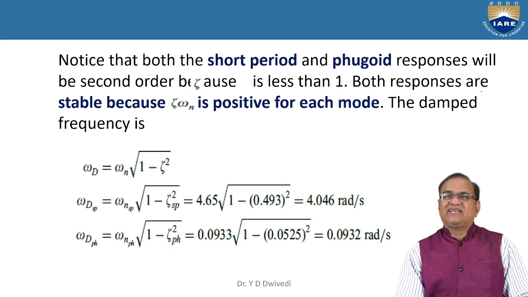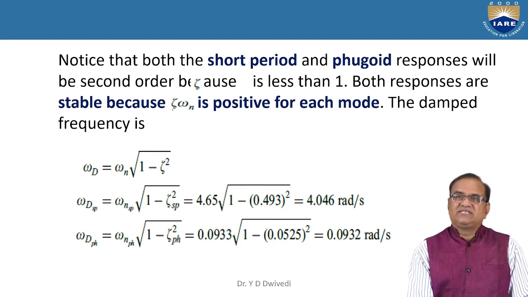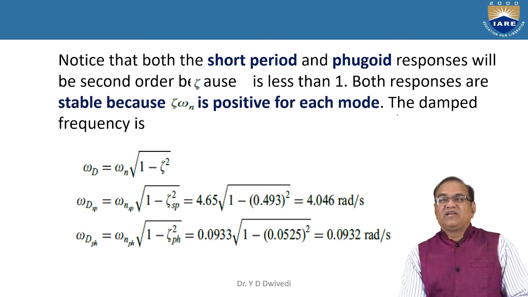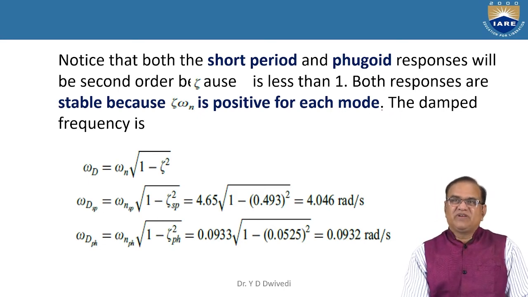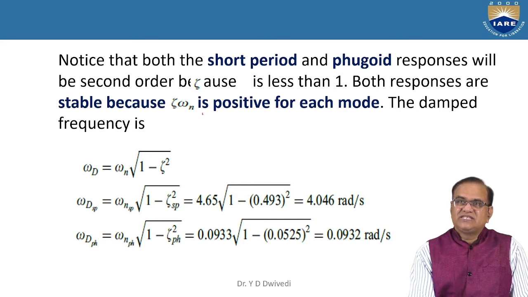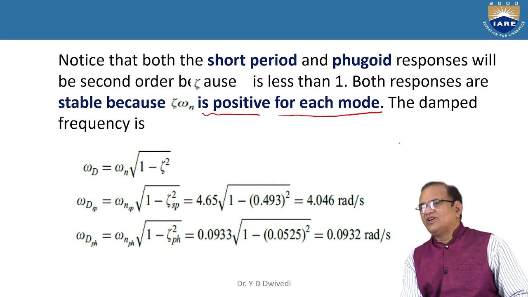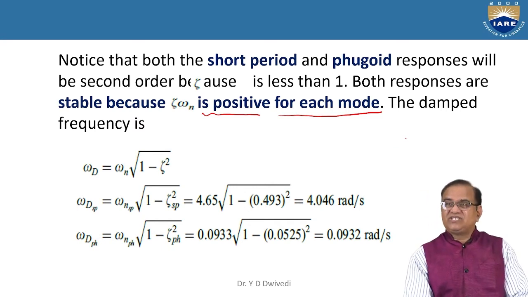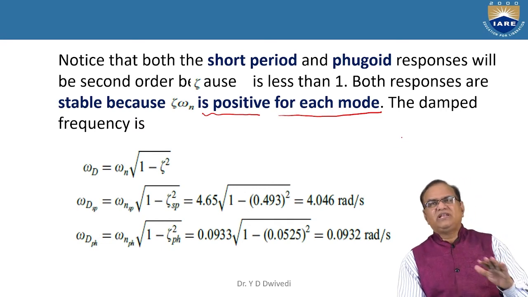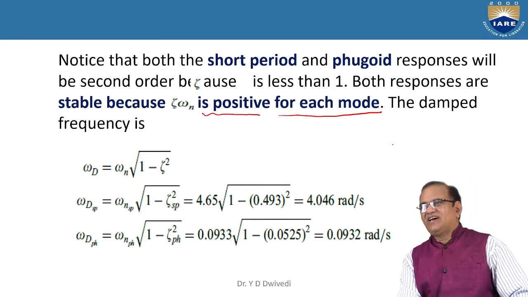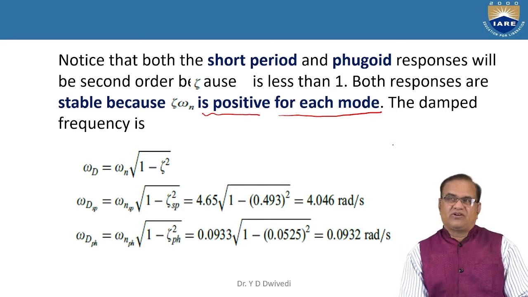Both responses are stable because zeta omega n is positive for each mode. We are not getting a negative. If omega n and zeta are both positive, then both are stable. In this way we can find out whether the aircraft is dynamically stable or not.